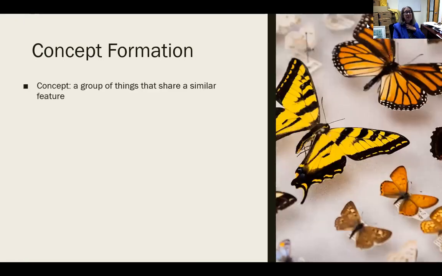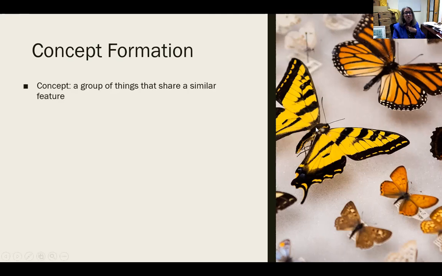Concept formation is another place where we're using these. We're going to use a group of things that share a similar feature, and we're going to call that a concept. When we create a concept, we're going to use both generalization and discrimination. The example that Dr. Stern has here is a butterfly. These are both butterflies.